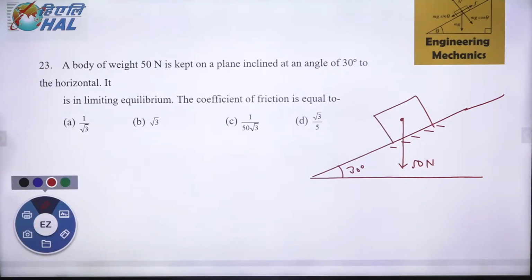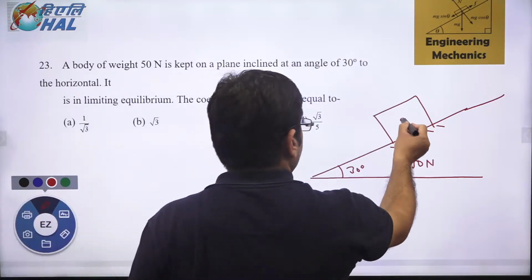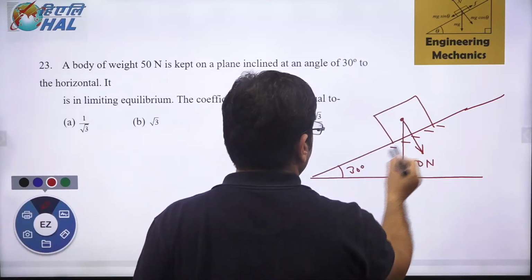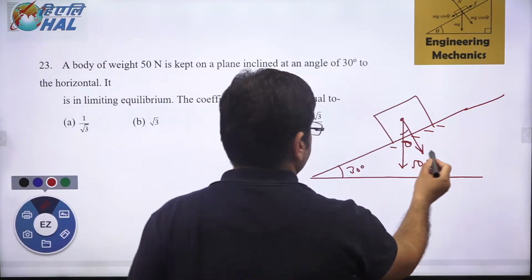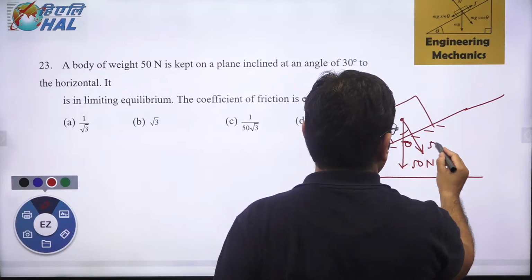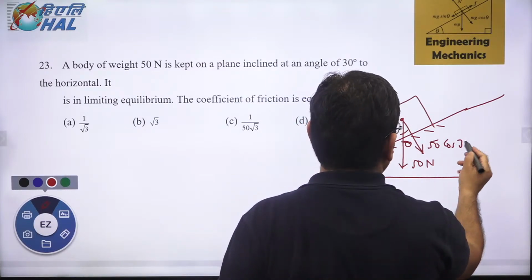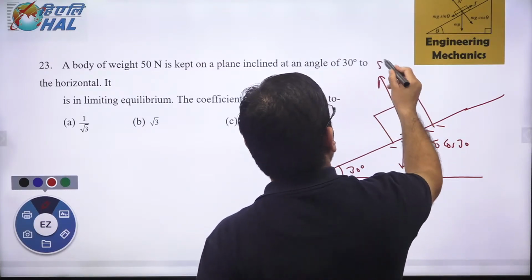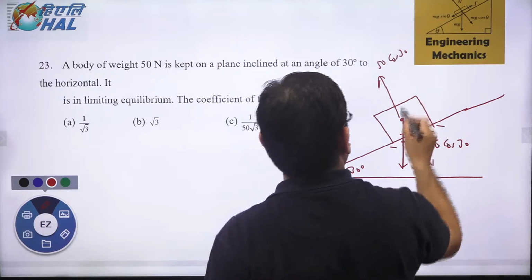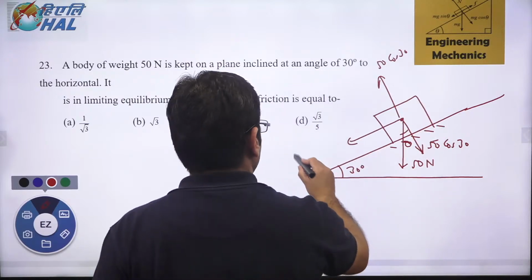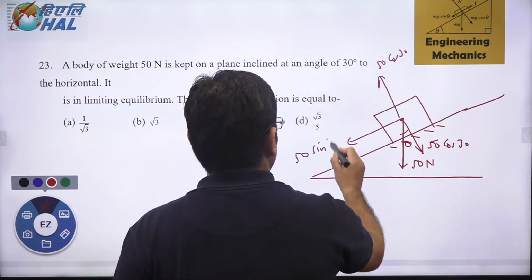Question may look like simple, but sometimes you may make mistake while solving these questions. So let's take the components of this. This angle is theta, this is also theta. This is 50 cos of 30. Normal direction is also 50 cos of 30, and then another component is 50 sine of 30 degrees.